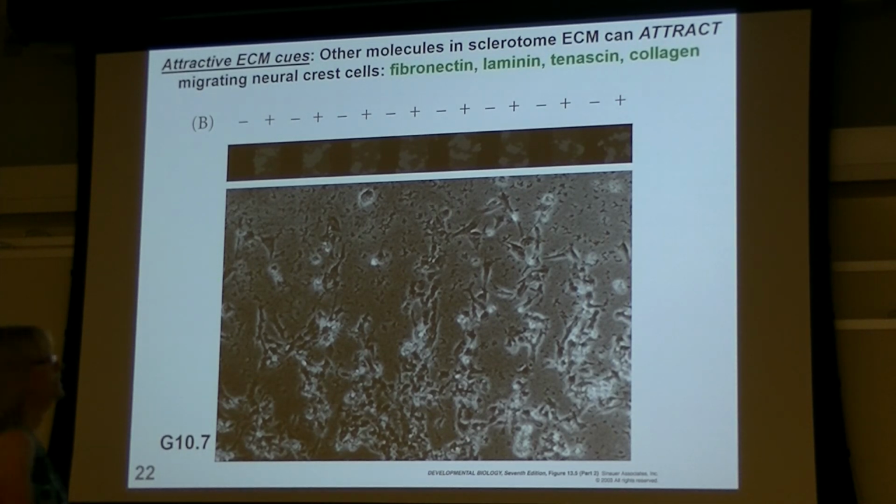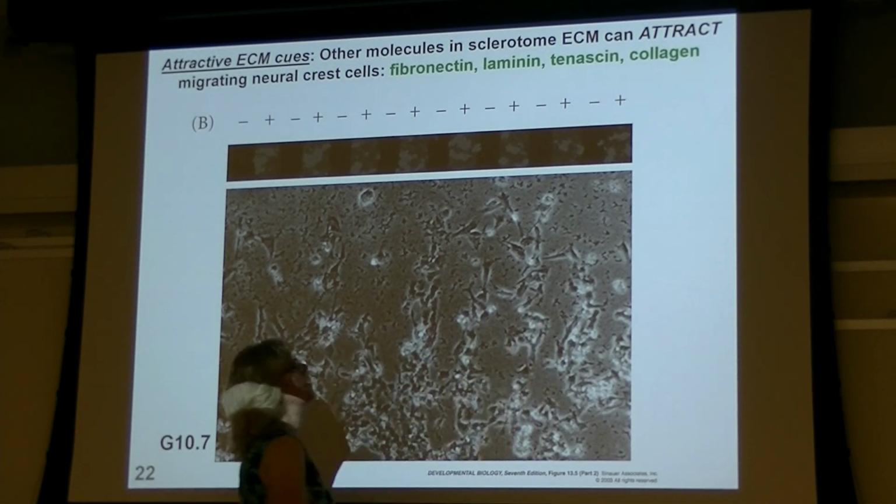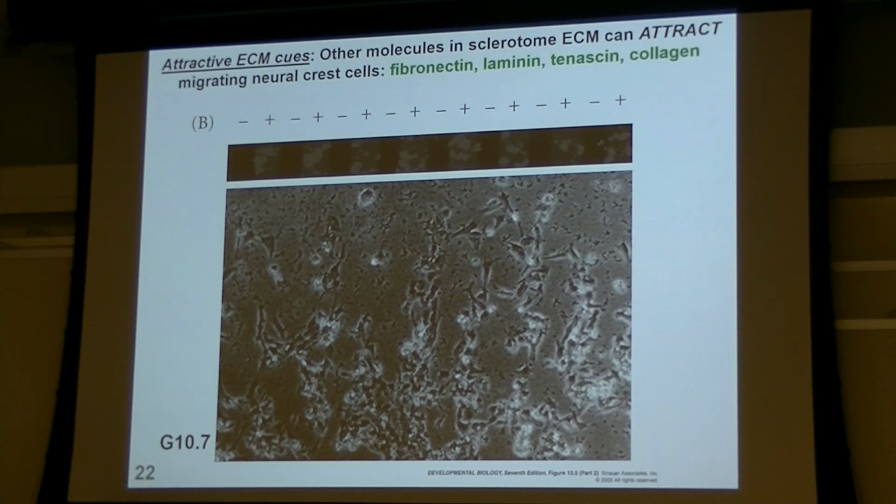And in general, you can see they're tending to migrate in streams, which are actually aligning with the positive stripes of protein expression within that plate. So in green here, these are 4 different extracellular macromolecules: fibronectin, laminin, tenascin, collagen.